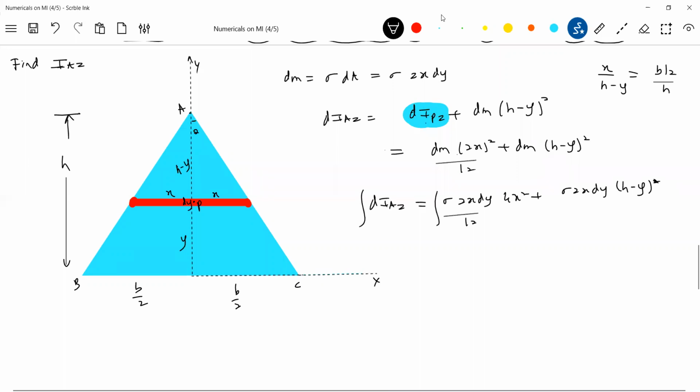What should be the limit? 0 to h. You should eliminate x here, from using this equation, you should eliminate x. I'll write one more step.